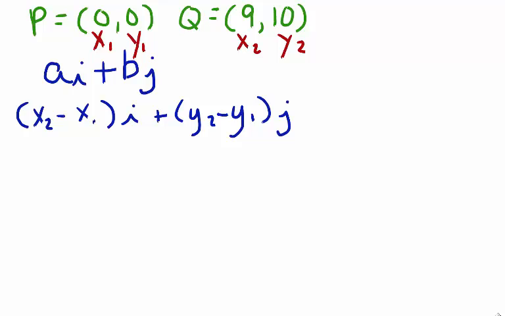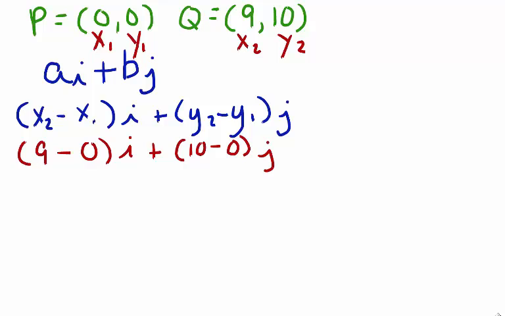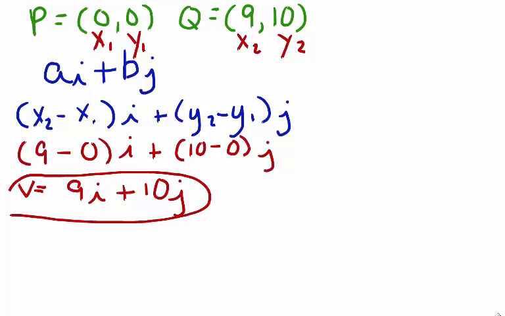Substituting our values, we get 9 minus 0 i, plus 10 minus 0 j. That is 9i plus 10j. So now we have found our position vector, v equals 9i plus 10j.